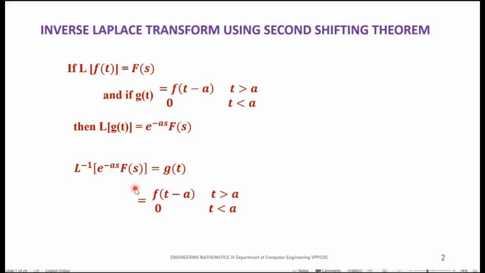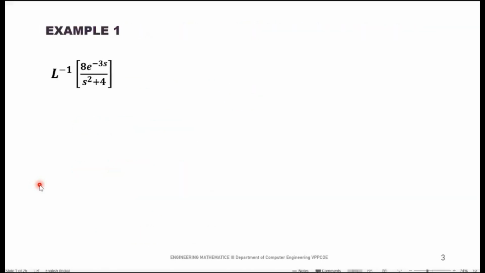And now, when the function is multiplied by e raised to minus as, we have to apply the second shifting theorem. So remember this: L inverse of e raised to minus as F of s is equal to f of t minus a for t greater than a, and 0 for t less than a. Example based on this, where f of t is L inverse of F of s. Take the first example.